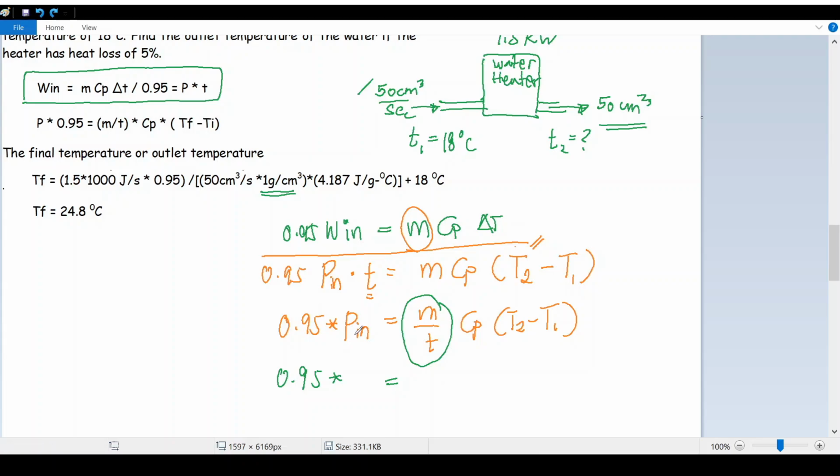So 0.95, the power input is 1.5 kilowatts, so this is times 10 to the 3. And mass is derived from the volume, 50 cubic centimeter per second, multiplied by 1 gram per cubic centimeter, which is the mass density of water.